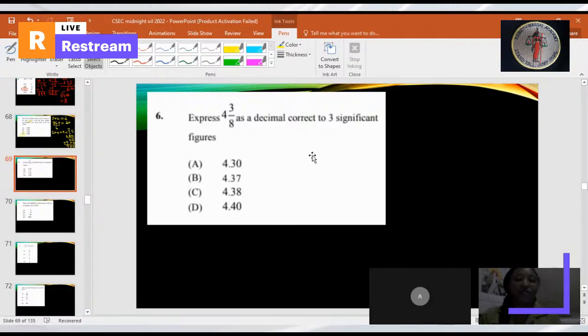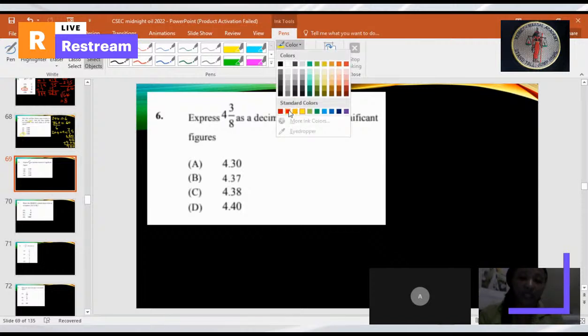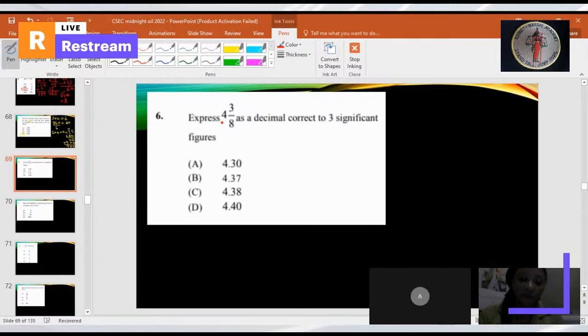Number 6, express 4 and 3/8 as a decimal correct to 3 significant figures. So we know it's going to start with a 4 because that's a whole number. So we really need to work out the 3/8 as a decimal. When we're changing a fraction to a decimal, we're dividing the numerator by the denominator.